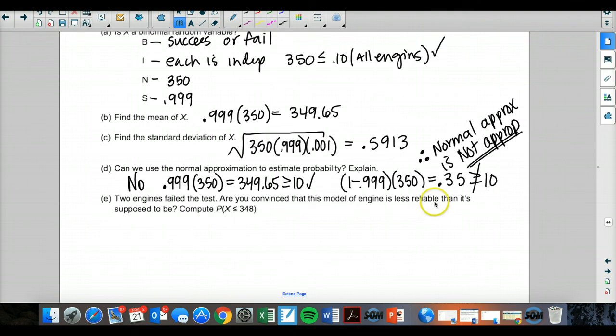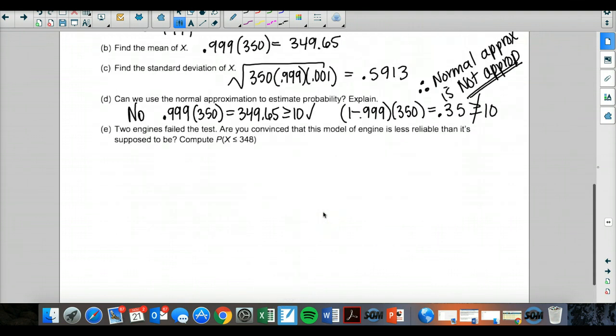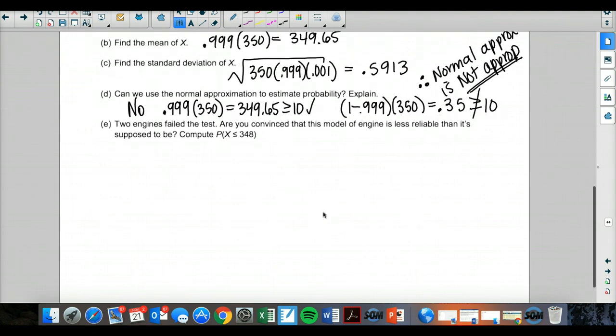So, this says 2 engines failed the test. Are you convinced that this model of engine is less reliable than it's supposed to be? Compute the probability that X is less than or equal to 348. So I'm going to go binom CDF, second vars, binom CDF.